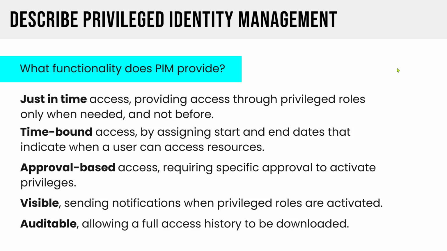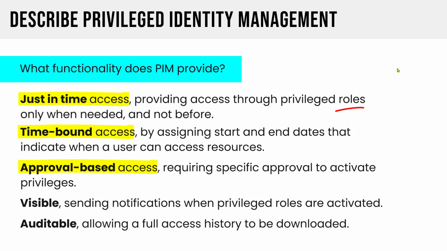So I could create quarterly access reviews, for example. Users get an email, they're asked to confirm that they need that continued access or they no longer need that, and I can take action based on those results. But just in time, time-bound, and approval-based if desired.